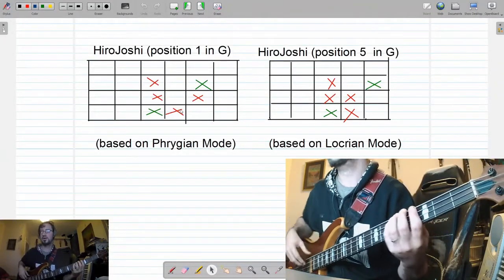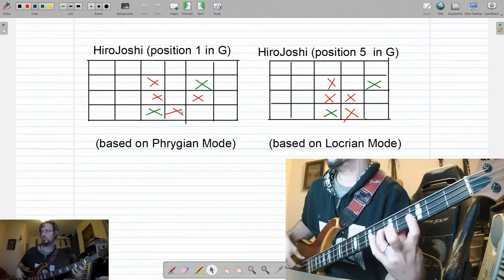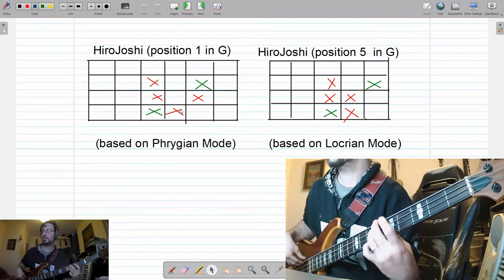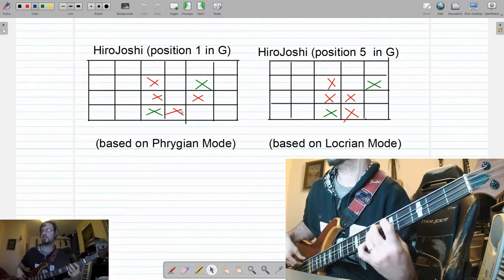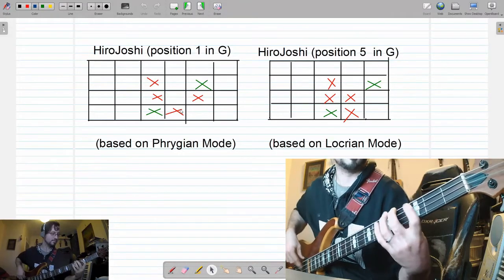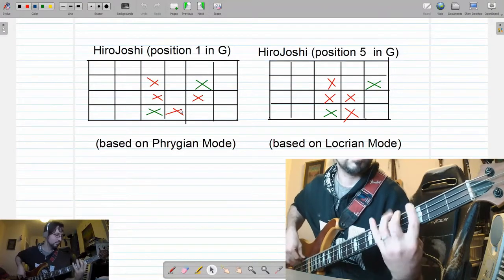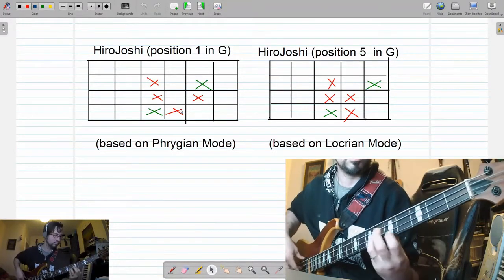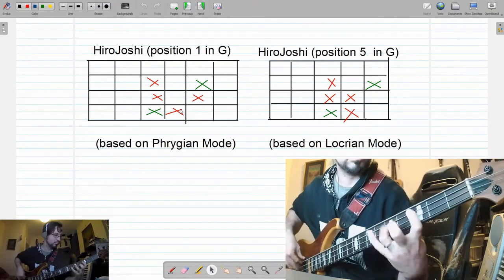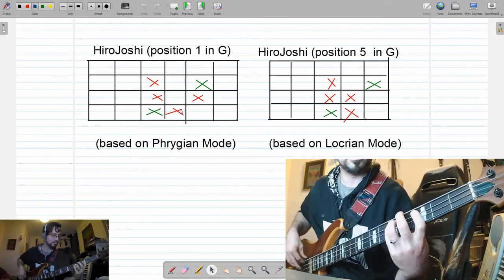So we've got the Phrygian scale, and we've taken out the third and the sixth there, and we've just got, it makes quite a cool sound.